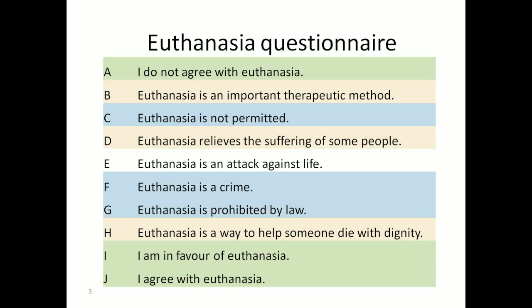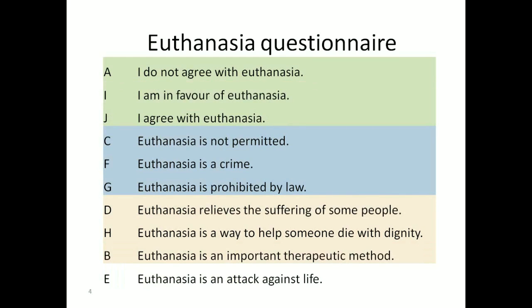I've grouped the green ones, the pink ones, and the blue ones. And there's one, item E, which kind of stands out, which I wasn't sure where it would go. But let's rearrange this, so that you can see the green ones tend to be very general in terms of attitudes towards euthanasia.